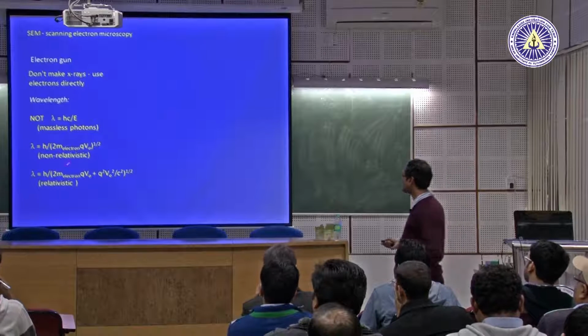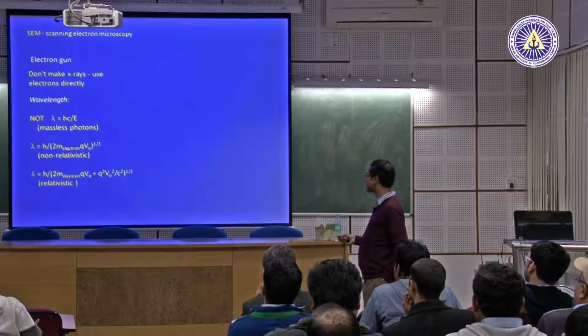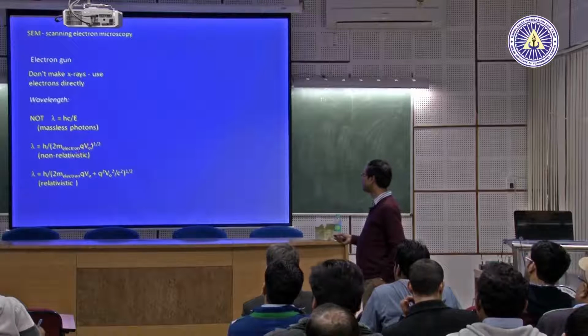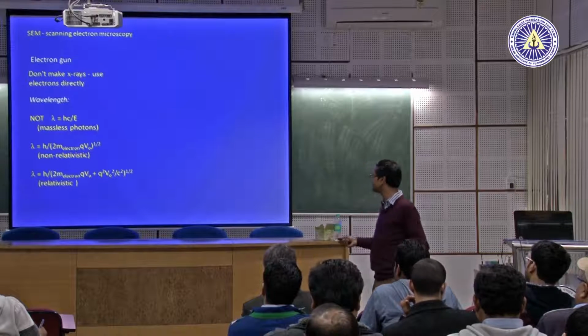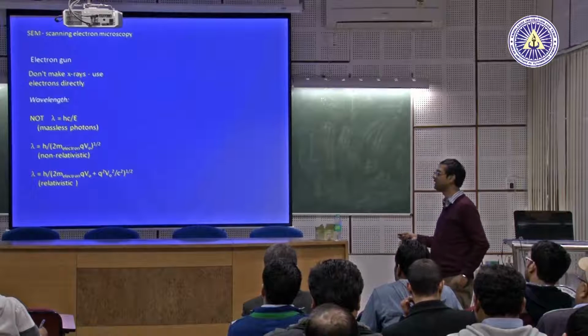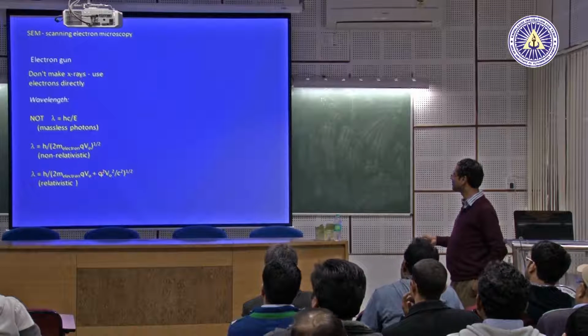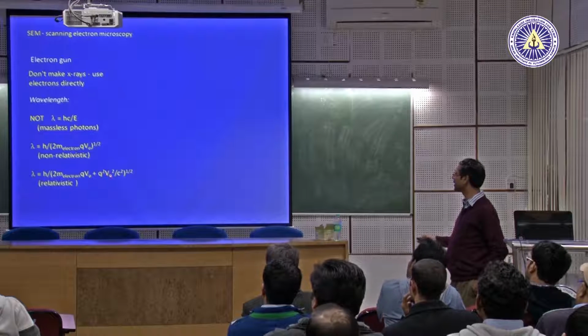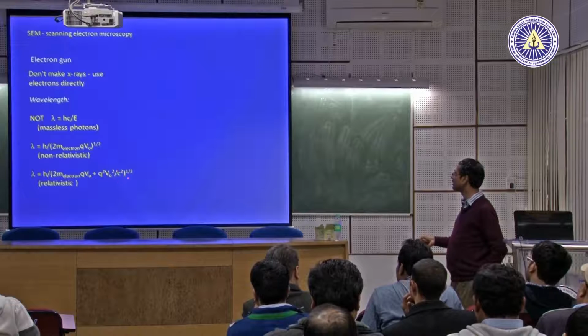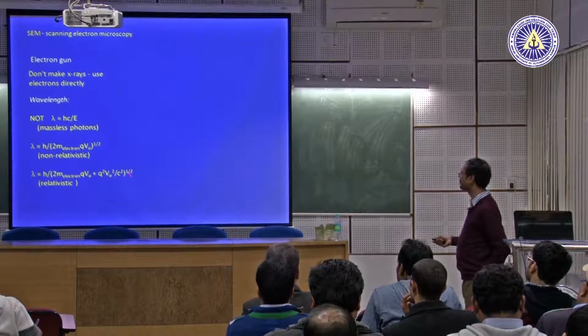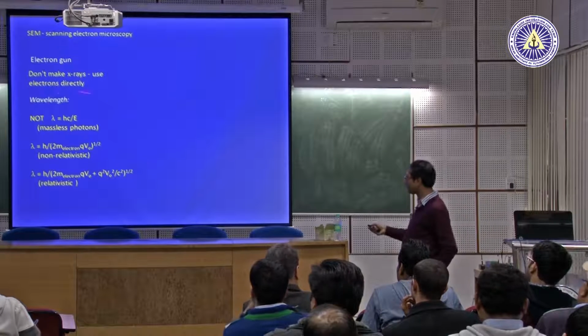Now you can actually get lambda using non-relativistic corrections, where your velocity is not corrected by relativity. Because the velocity of these electrons can be very high, close to the velocity of light, in that case you have to use an extra term, q square v square by c square. This comes from Einstein's relativity formula, and any textbook will have that.